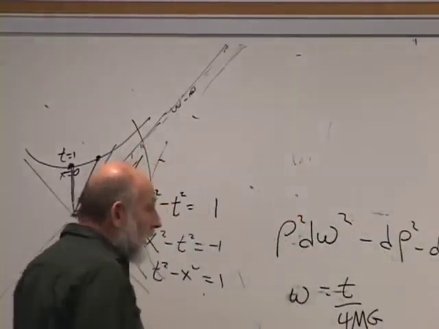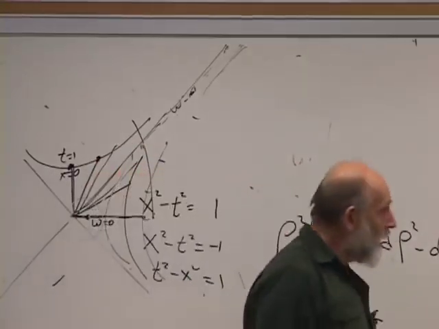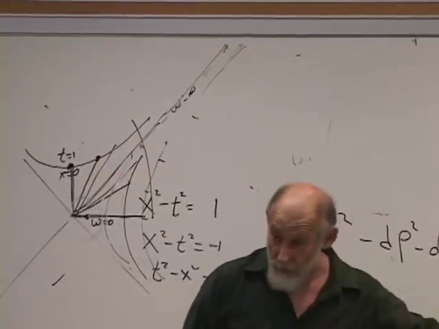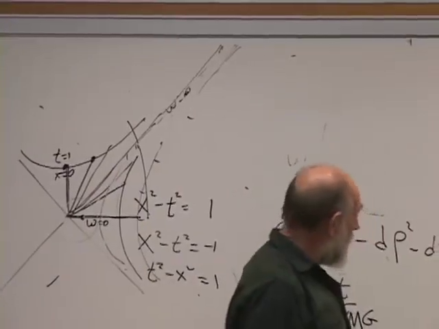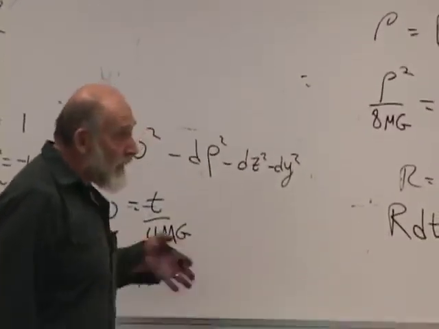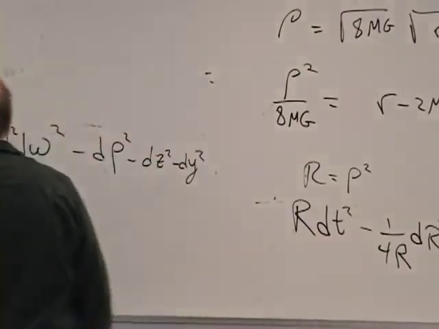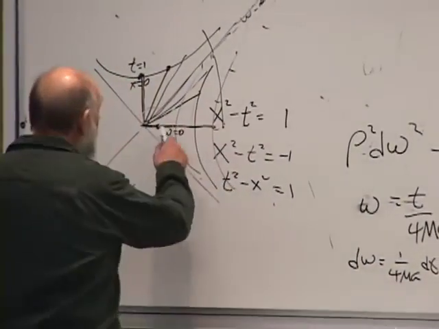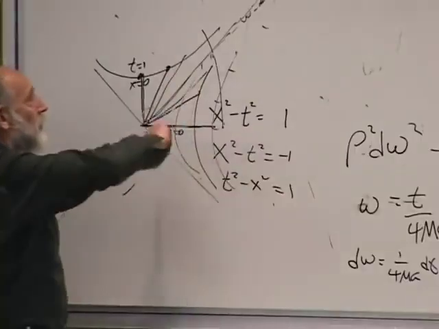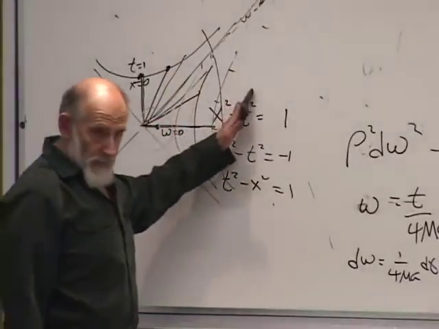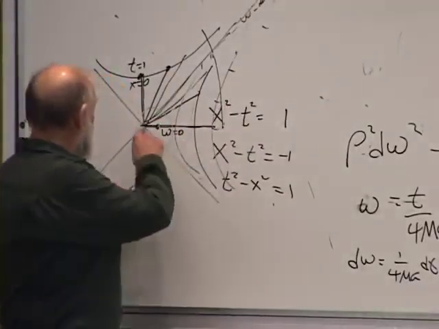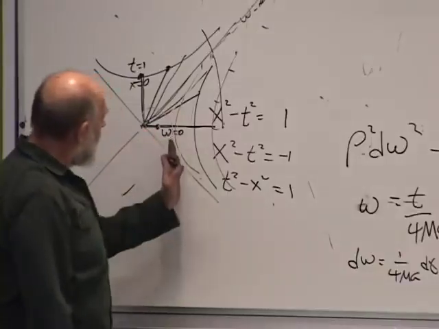All right, now there is a difference. The difference is far from the horizon, the metrics are quite different. Close to the horizon, it looks like good old flat space, but flat space in these strange accelerated coordinates. And strange, I mean they have a singularity over here.